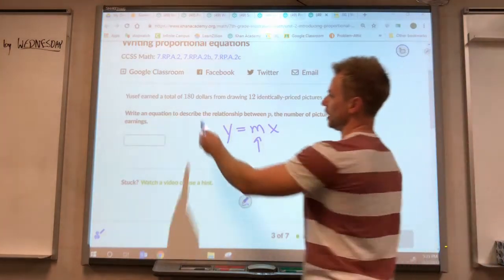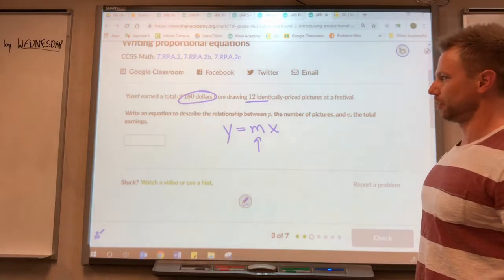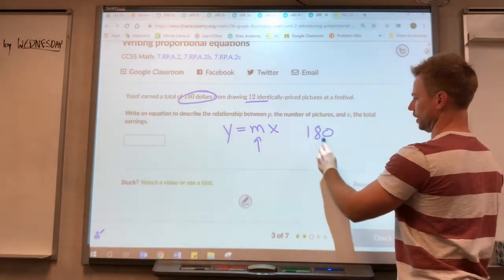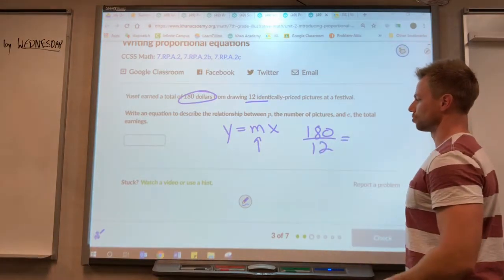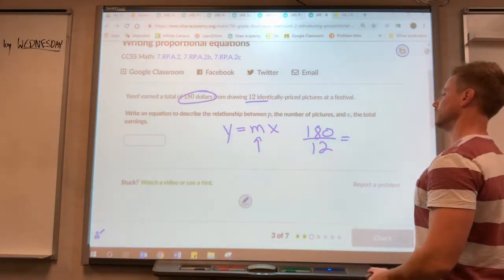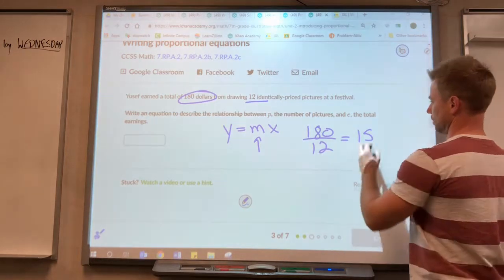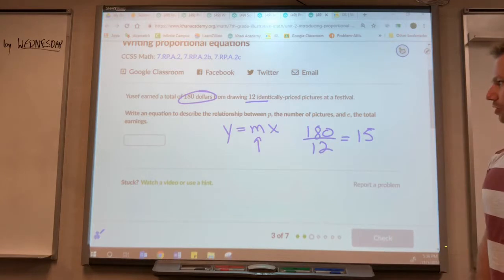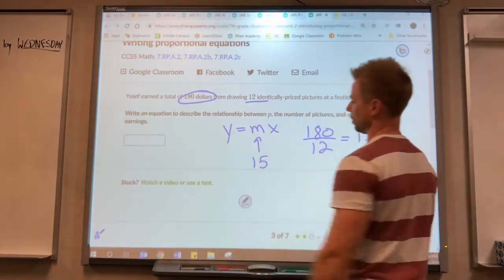If it was $180 for 12 pictures, to figure out what we got paid per picture, we take the total money, 180, and divide it by 12, the number of pictures sold. When we divide that, we get 15. So that means we got $15 per picture.